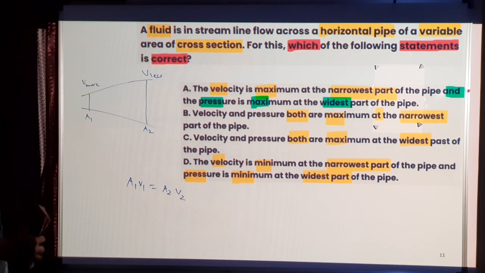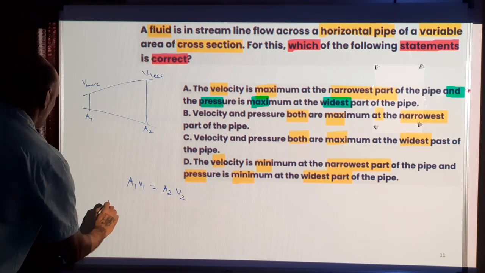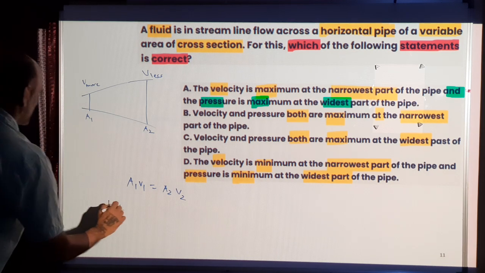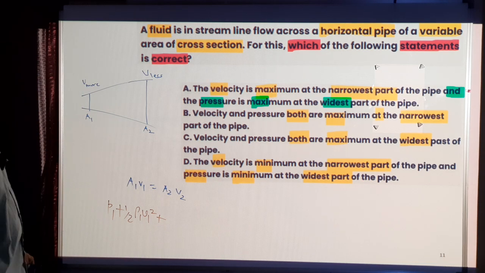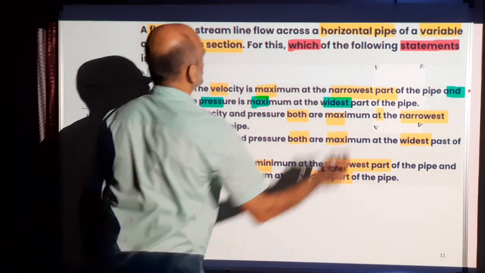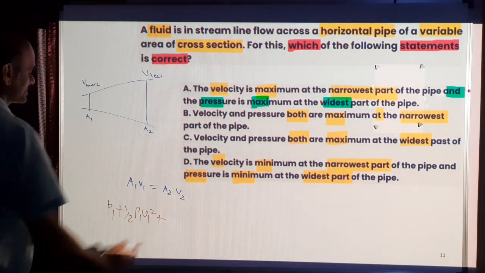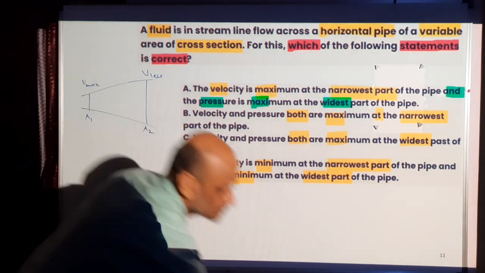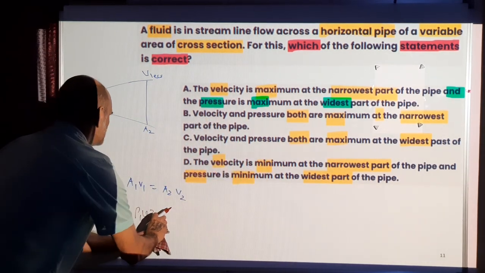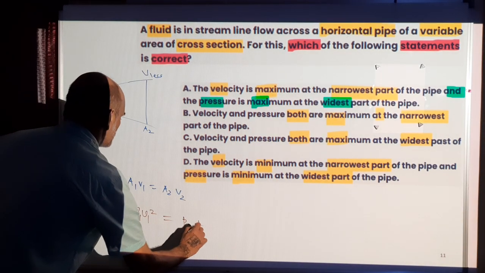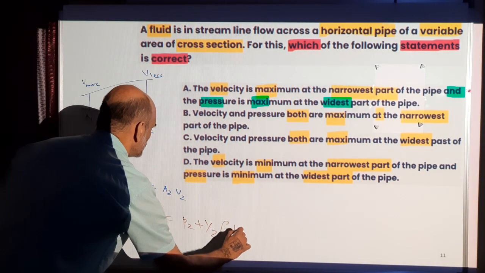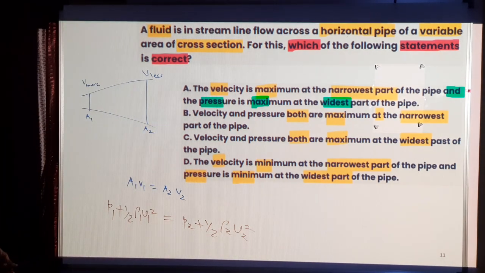And Bernoulli equation, energy conservation. So energy at this point: pressure energy P1, kinetic energy half rho 1 V1 square. It's a horizontal pipe, so there is no difference in the gravitational potential. That will get cancelled on both sides. So leave out the m g h part, which is rho g h. P2 plus half rho 2 V2 square. So P plus half rho V square is constant.